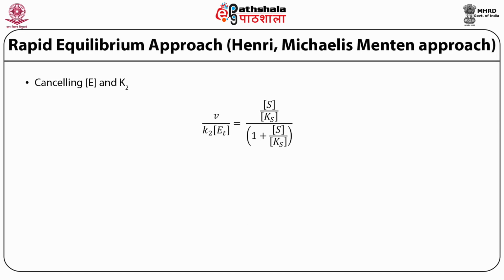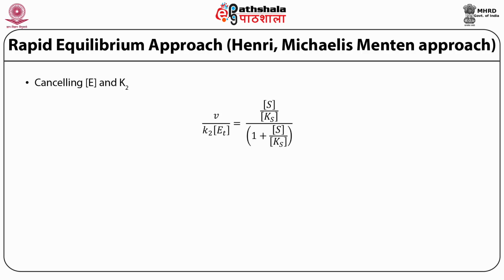If you cancel free enzyme concentration and K2 on the right side of the equation, it becomes V upon K2 into Et is equal to substrate concentration divided by Ks divided by 1 plus substrate concentration upon Ks.